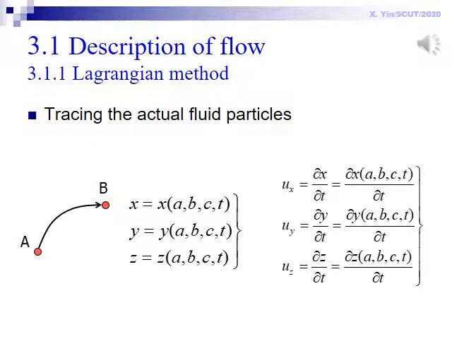Look at the figure. For a particular fluid particle moving from A to B, coordinate functions x, y, and z show its instantaneous positions. Hence, the velocity of the particle with the components ux, uy, and uz are partial differentials of position coordinates with respect to time t.